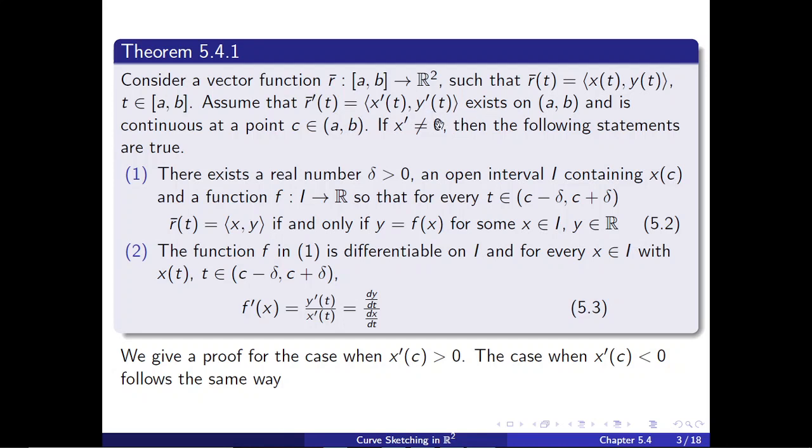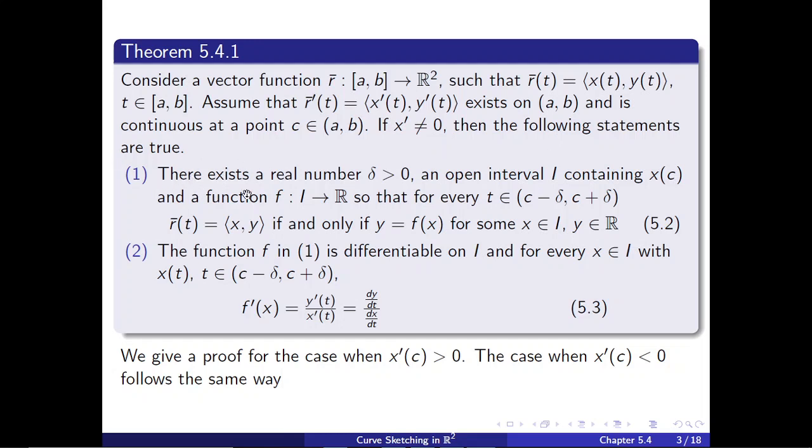So we assume that the derivative exists on the open interval (a,b) and is continuous at a point c in the open interval (a,b). So if x'(c) is not equal to 0, then the following statements are true.